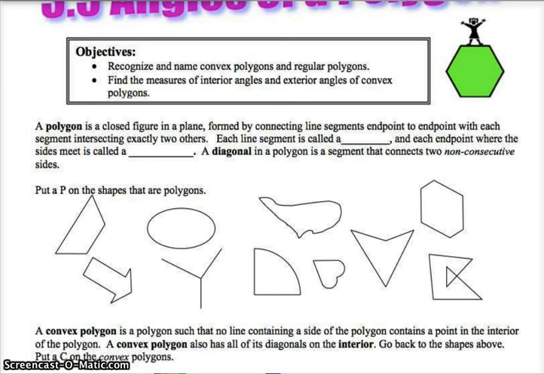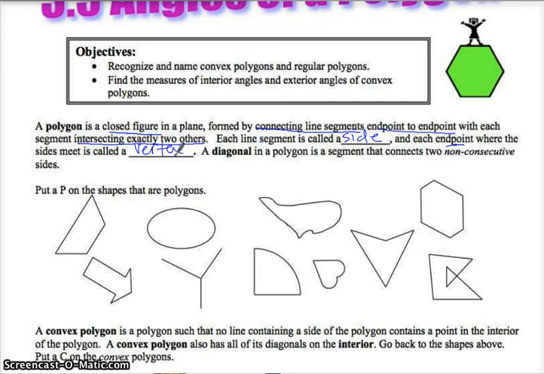So what is a polygon? A polygon is a closed figure in a plane formed by connecting line segments, endpoint to endpoint, with each segment intersecting exactly two others. Each line segment is called a side, and each endpoint where the sides meet is called a vertex.